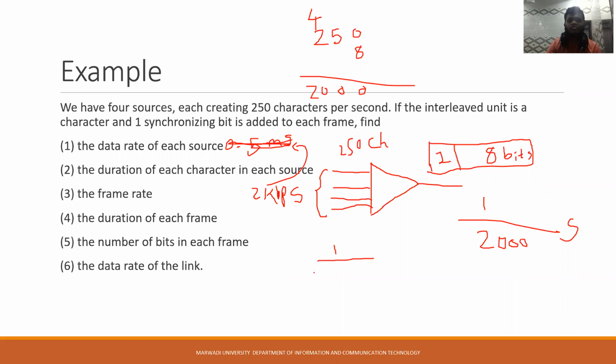So it is 1 upon 2000, that would be 0.5 millisecond. And each character is having 8 bits. So 0.5 into 8, we are having 4 milliseconds. Duration of each character in each source would be 4 milliseconds.